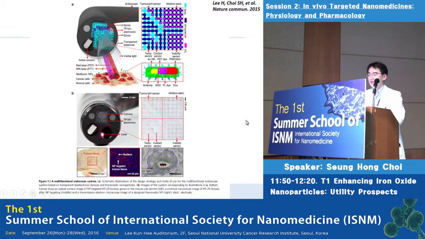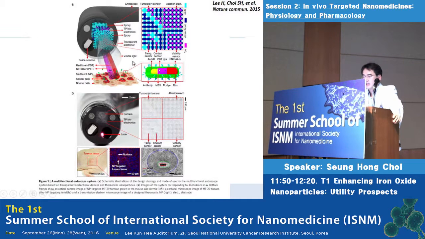Actually, there are mainly two kinds of application of nanoparticles. One is the systemic application by using intravenous injection. The other one is local treatment. Actually, we have plans to make these two applications for treatment. In this study, we used nanoparticles for the systemic delivery of the nano materials and the therapeutic agents.